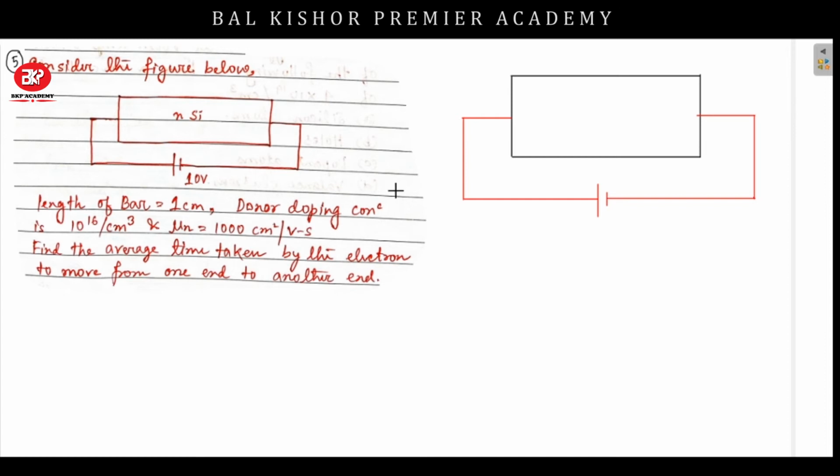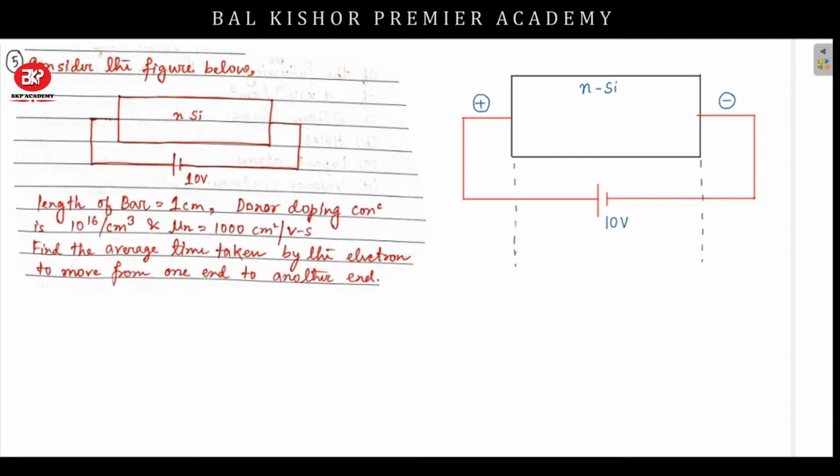Now you can see the value of the applied potential is 10 volt, and this is an n type silicon semiconductor. So we can say there will be positive polarity here and negative polarity here. The length of the bar is also given. The length of the bar is given by 1 centimeter.